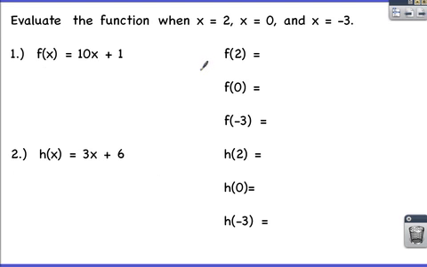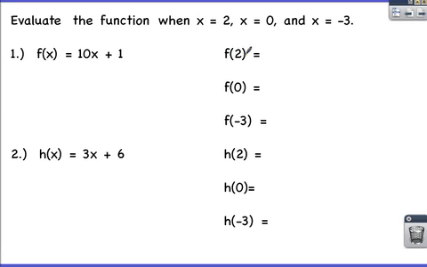Evaluate the function when x equals 2, x equals 0, and x equals negative 3. In our first example, f of x equals 10x plus 1. All this means is that it is a function and that the rule of the function machine is 10x plus 1.